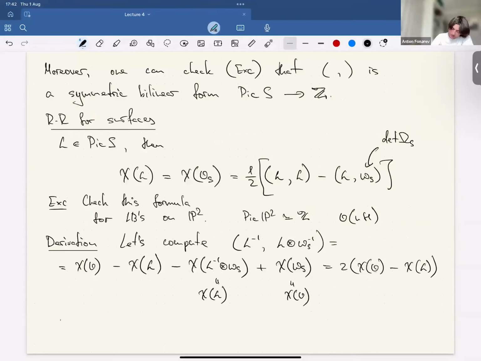So we get that chi of L is indeed chi of O plus 1/2 of L comma L tensor omega S inverse. And now by bilinearity, this is the same as the thing that we started with. All right, so this is one typical application of this thing.